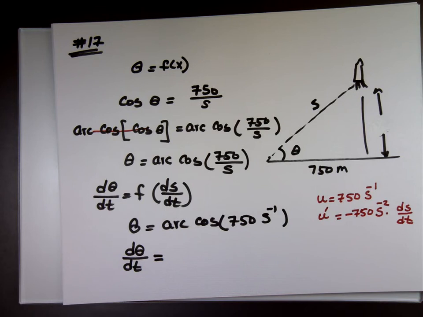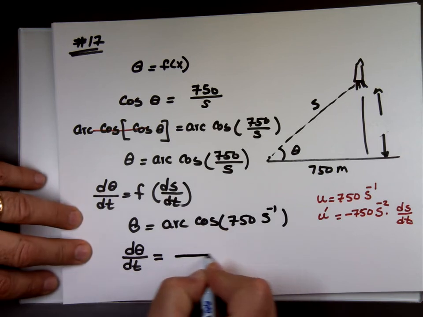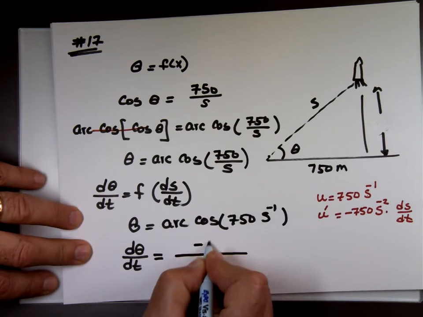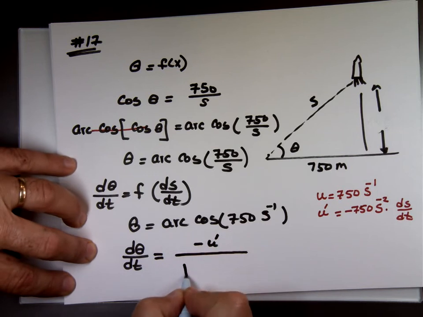If you look at your units, they have ds dt on the right side, and d theta dt on the left side. Using the equation for the arc cosine, which is minus u prime over the square root of 1 minus u squared.